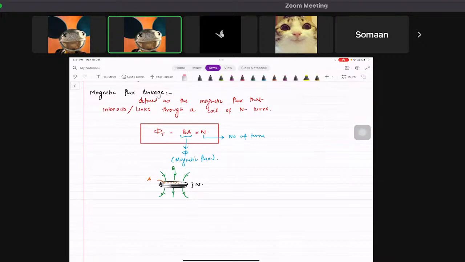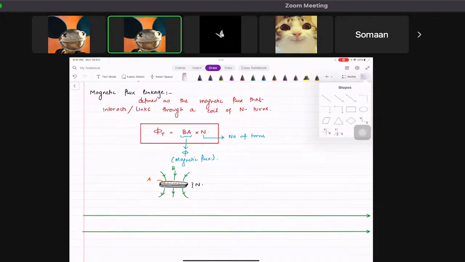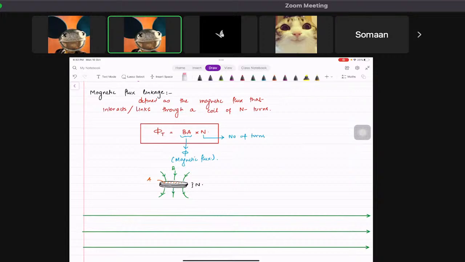So now suppose the magnetic fields are going like that, like this, and like this.